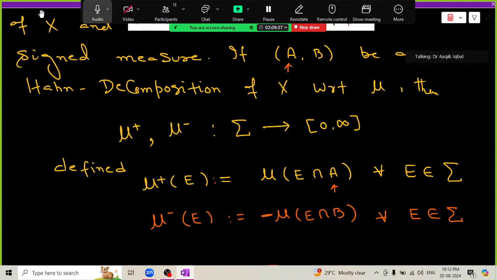Can you tell me the reason why these measures mu plus and mu minus are independent of the choice of the Hahn decomposition?